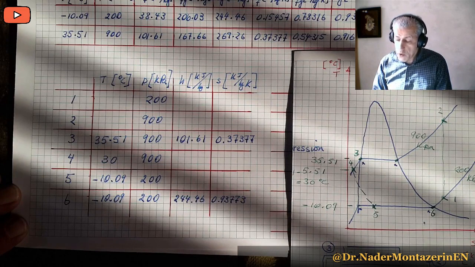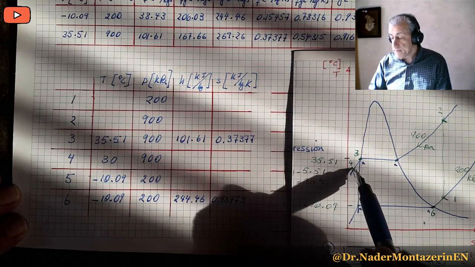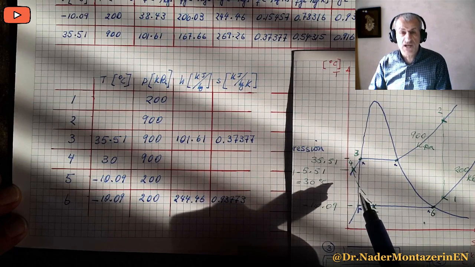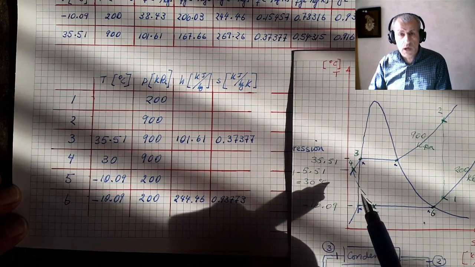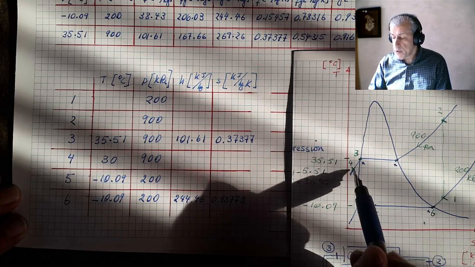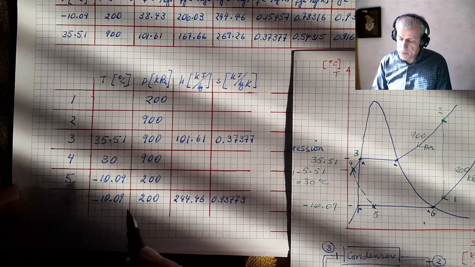For point 4, it's easy to read all values from saturated liquid at 30 degrees. You remember that in the compressed liquid part, the changes in pressure do not change properties that much. Changes in temperature are far more important, and we could read all properties from saturated liquid at the same temperature.